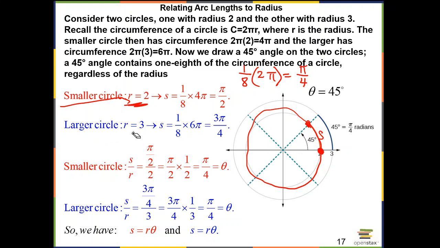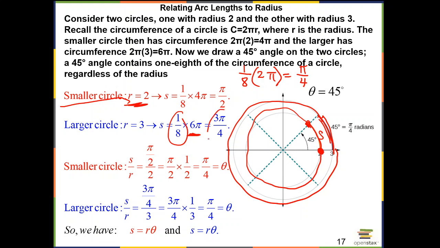Now, what about S for the bigger circle? Well, S is going to be 1/8 of the circumference here. And the circumference there is 6 pi, because 3 times 2 pi. So that's the circumference of the big one, and 1/8 of it is 3 pi over 4.